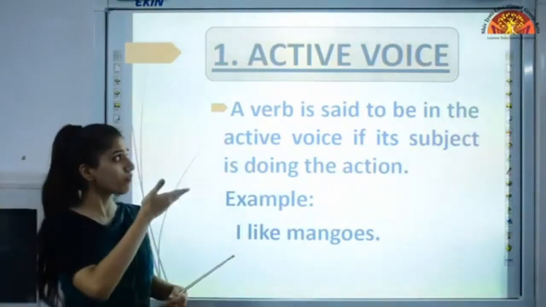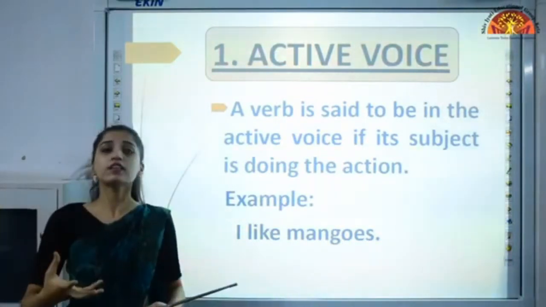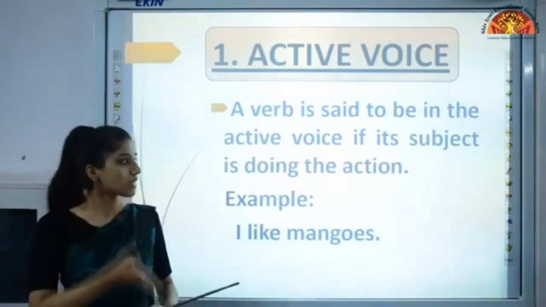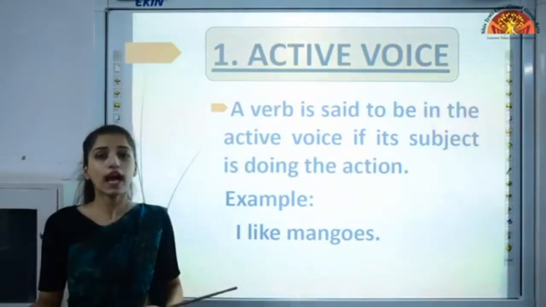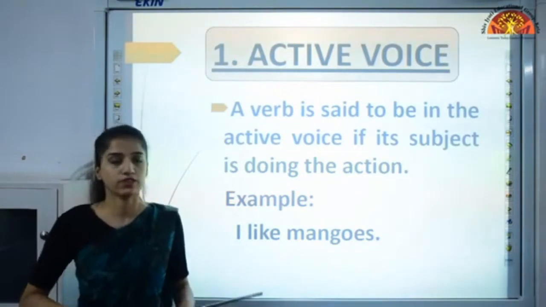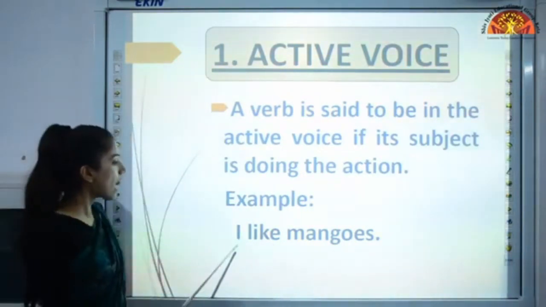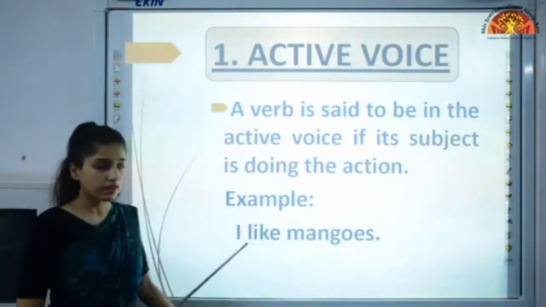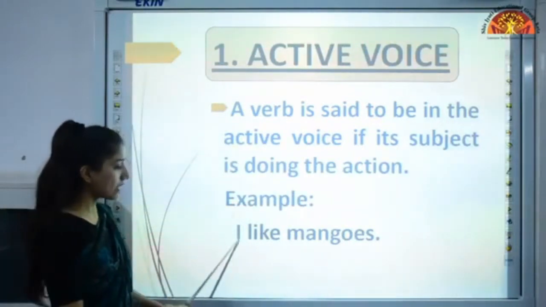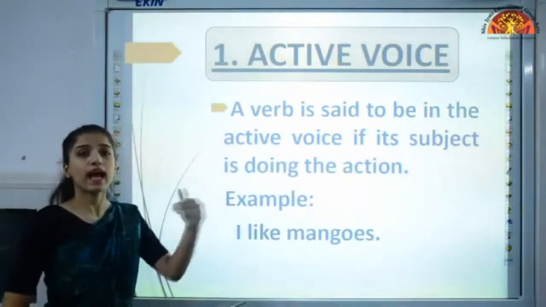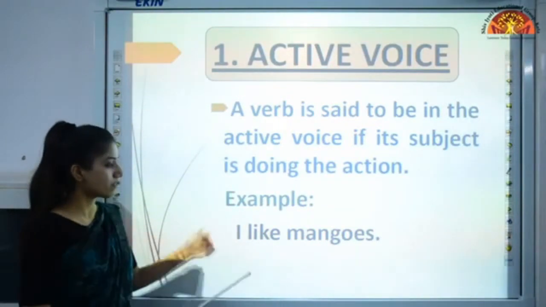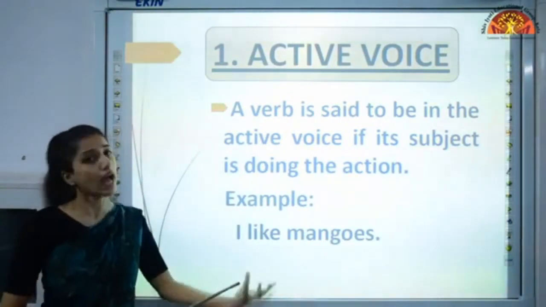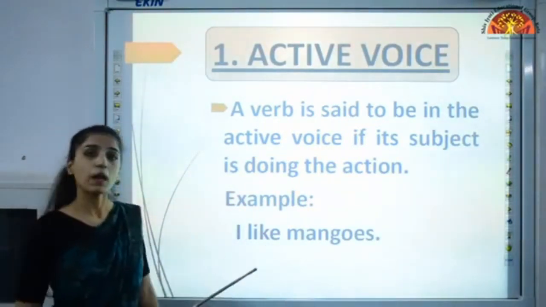So in active voice, we tell in a sentence that the subject is the doer of the action. As you can see in the sentence, I like mangoes. Here the subject is I and he is doing the action. The word I denotes that the subject is doing the action, that he is liking mangoes.